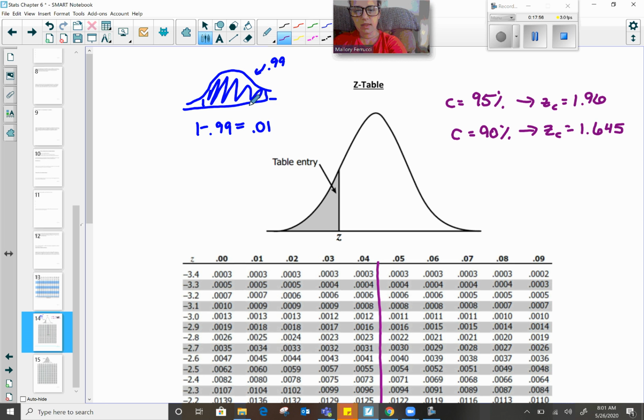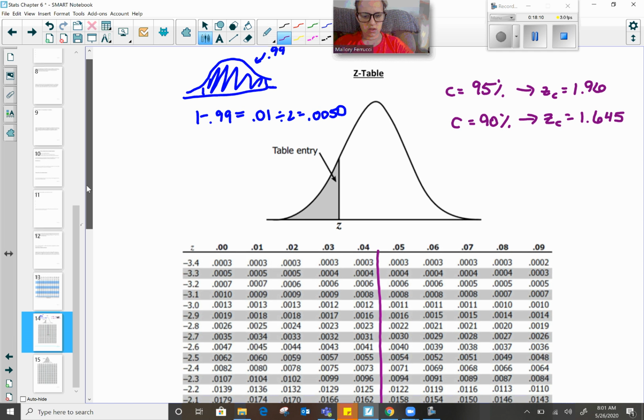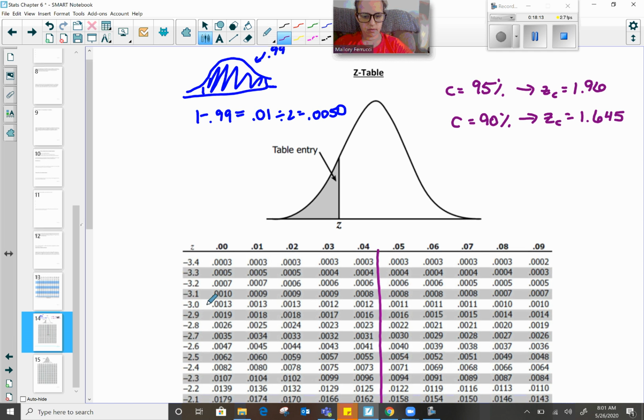There are 2 areas there, so divide it by 2, and we get 0.0050. If you go there, 0.005. So it's actually, I can see here, right in between those. So it's 2.575.